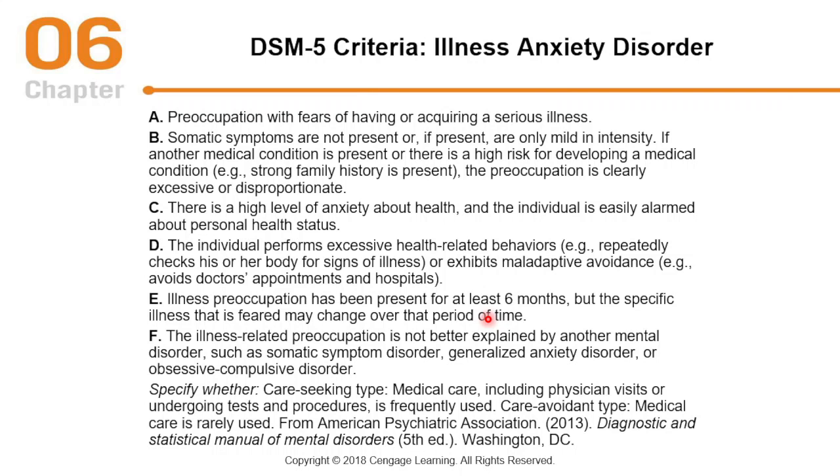So, it depends doon sa case ng tao, but there are instances like that. And then the illness-related preoccupation is not better explained by another medical condition such as somatic symptom disorder. So, hindi pwede maging comorbid yung dalawa. Generalized anxiety disorder as well as this one, and obsessive-compulsive disorder.